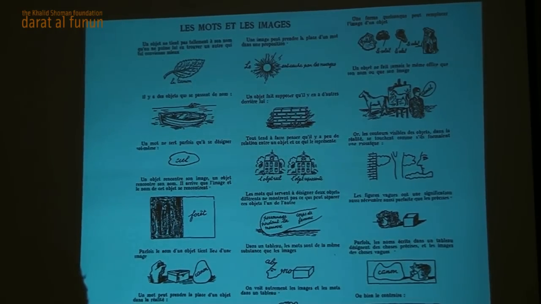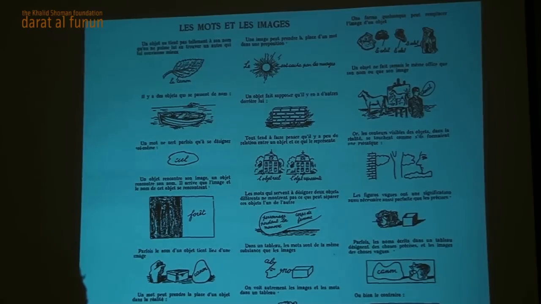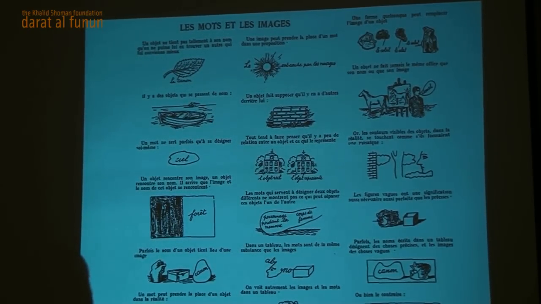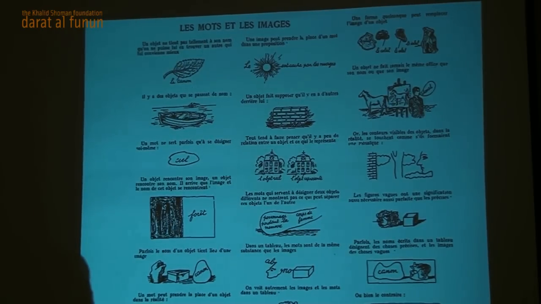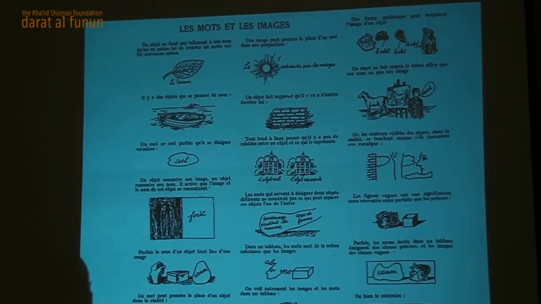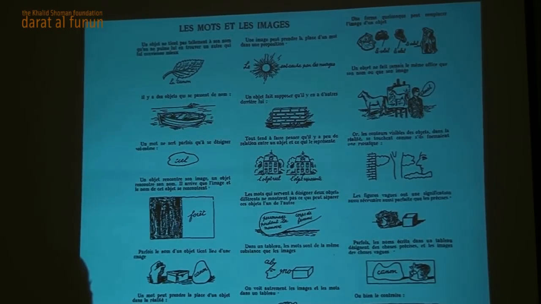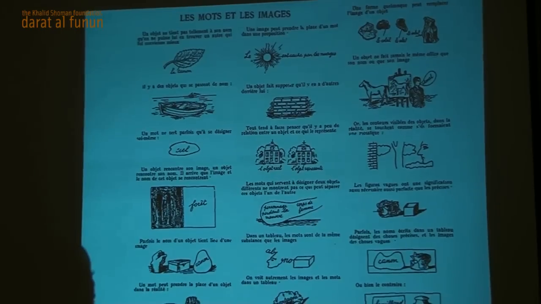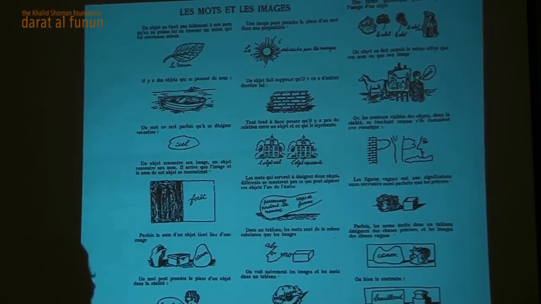It happens that the image and the name of an object meet each other. Specifically, sometimes the name of an object takes the place of an image. In real life, a word can take the place of an object, like when she says le soleil, the sun. So he has all these little philosophical notes on how words and images relate to each other.